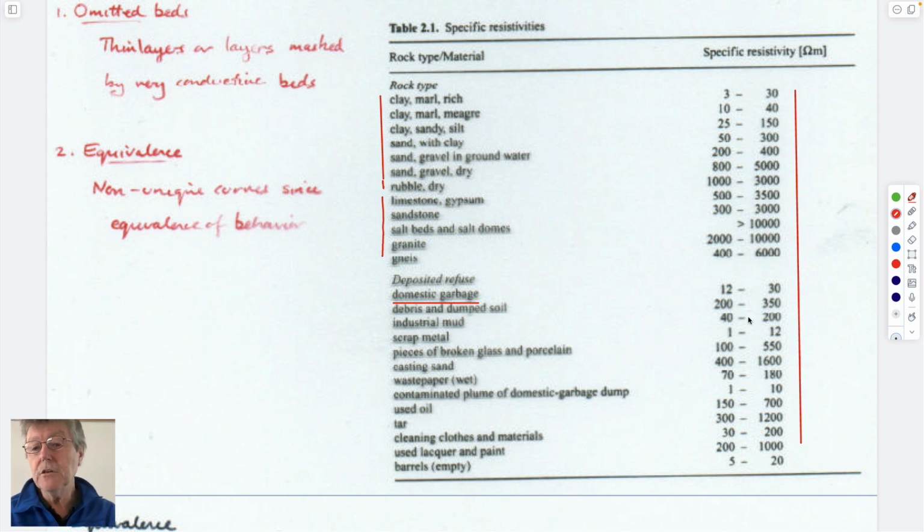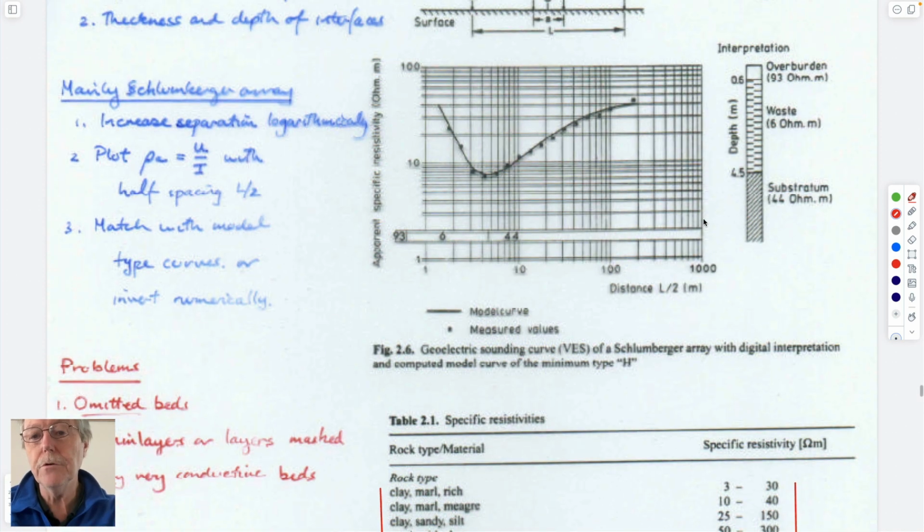So you have some idea of what the ranges of those values are. And so the problem is that those ranges are overlapping for many different types of material. So they're somewhat ambiguous. And so it's unlikely that you just do a sounding and immediately be able to tell what's there without knowing in advance what might be there by having a drill hole that's previously sampled it.